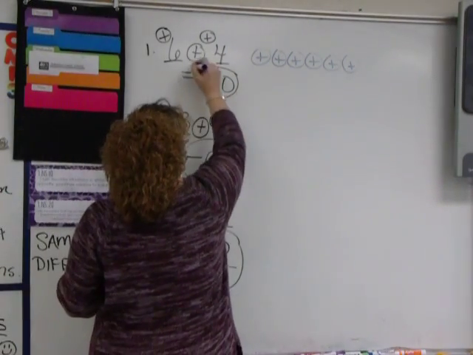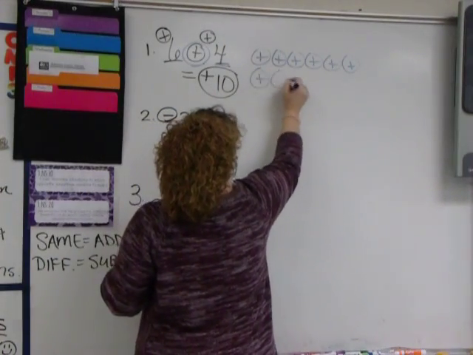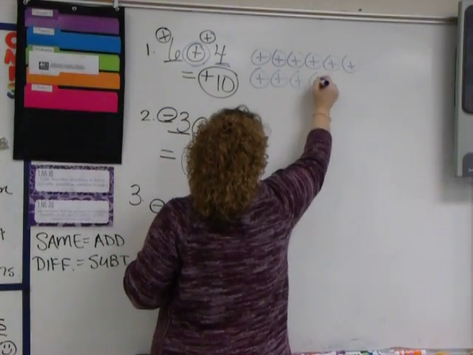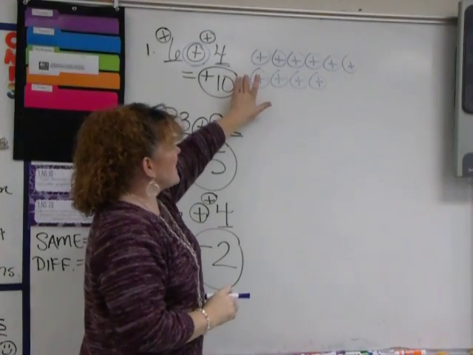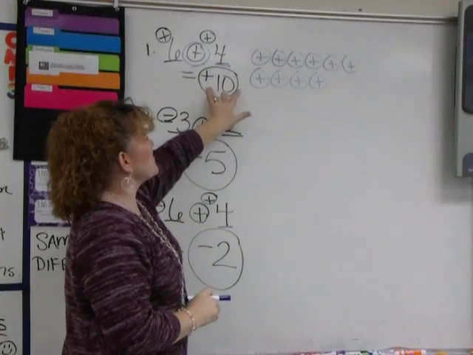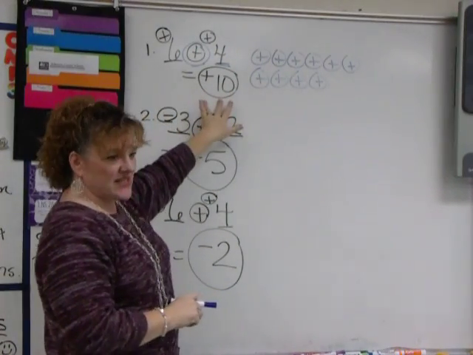It says then I'm going to add 4 more positive chips. 1, 2, 3, 4. So once I do that, if I start with 6 positive chips and add 4 positive chips, then my answer is what I have left, 10 positive chips. So my answer is positive 10.